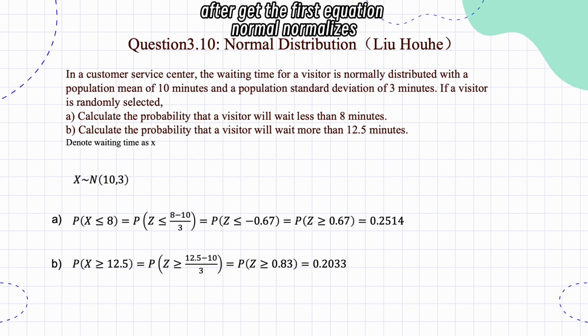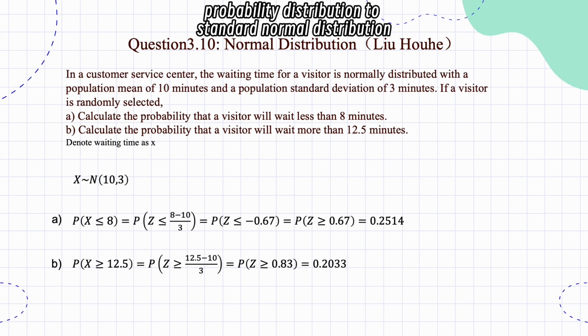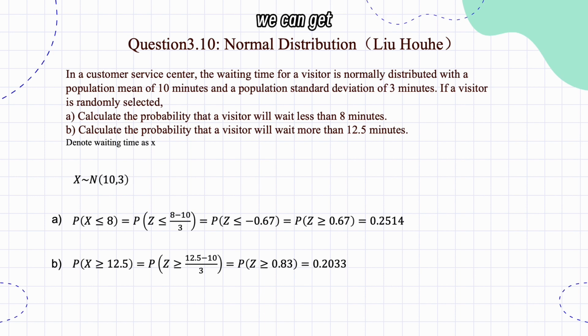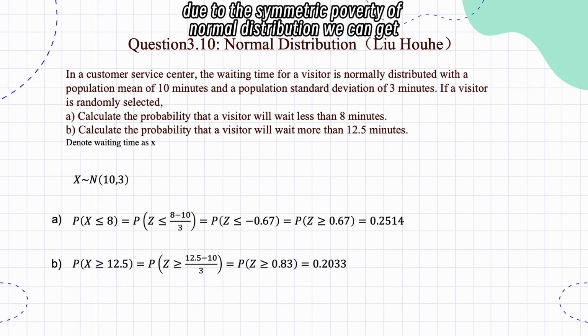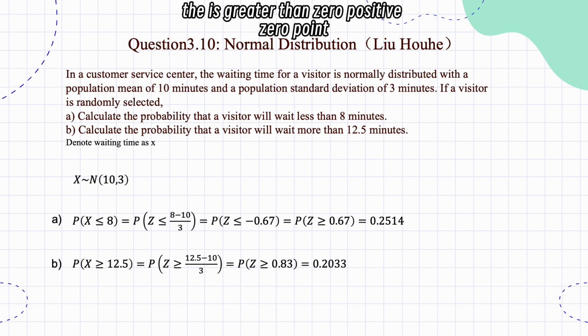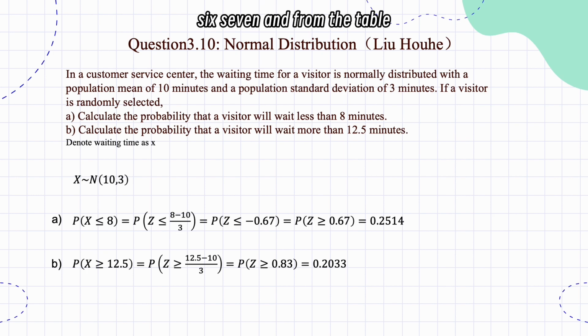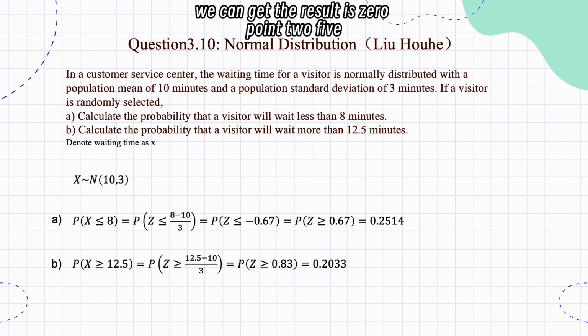After getting the first equation, we normalize this distribution to the standard normal distribution. We get z less than or equal to negative 0.67. Due to the symmetric property of the normal distribution, z is greater than positive 0.67. And from the table, we get the result 0.2514.